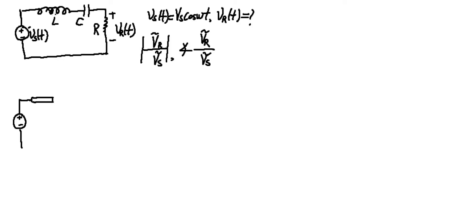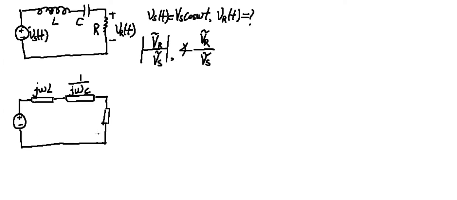For the inductor, its complex impedance is j omega L. For the capacitor, its complex impedance is 1 over j omega C. And finally, the resistor's impedance is just R. The source is Vs tilde, and the output is VR tilde.